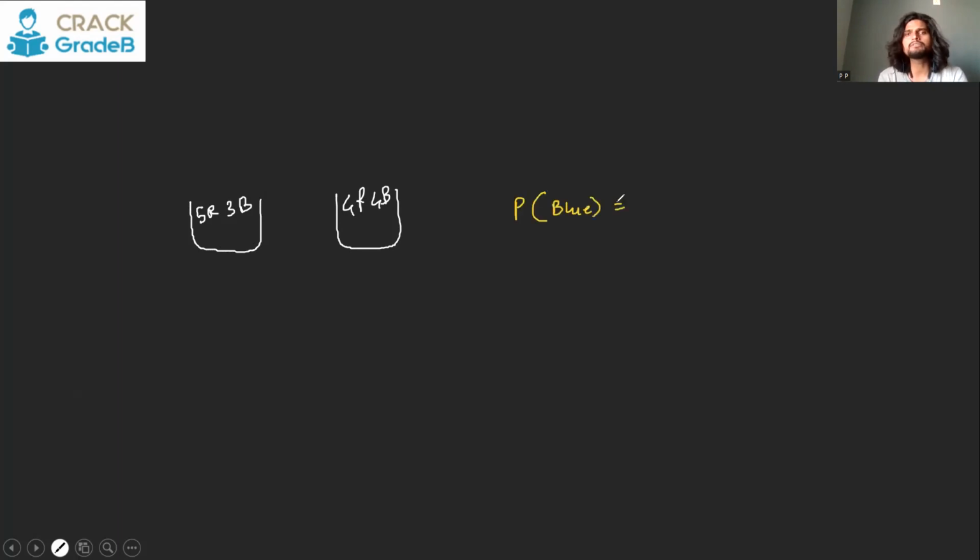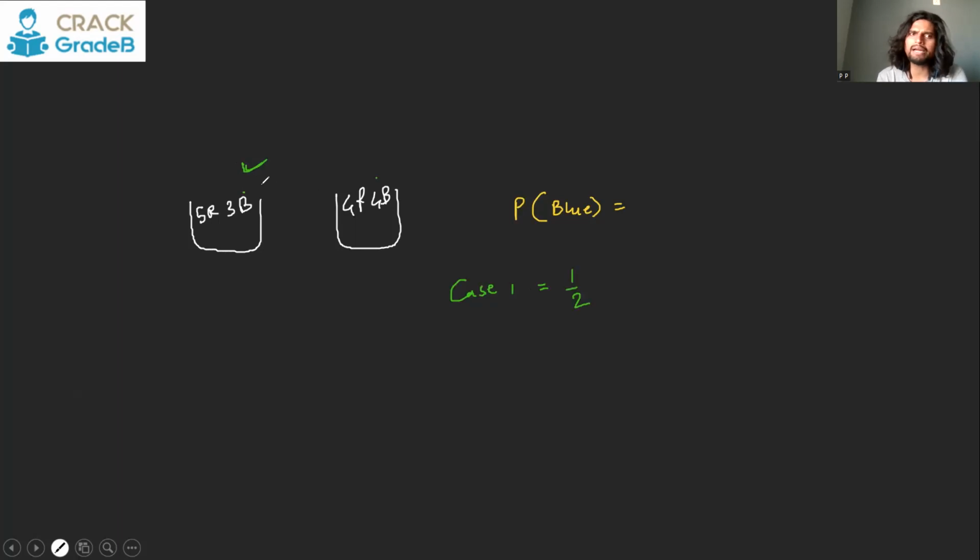These types of questions can very rarely be asked. So what you do in these types of questions is, you make cases. Case 1, that you are selecting this bag. What is the probability of selecting this bag out of these 2? Because there are 2 bags, you have to select 1 out of it. The probability is going to be 1/2.